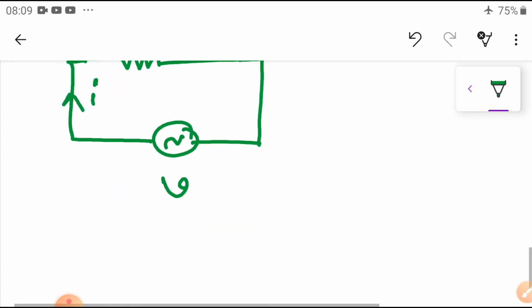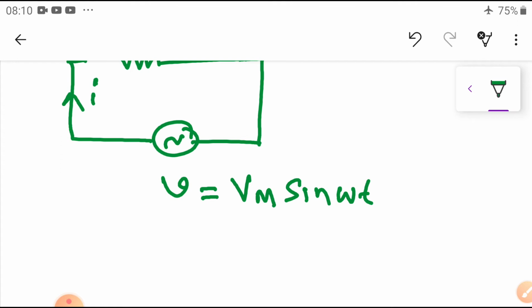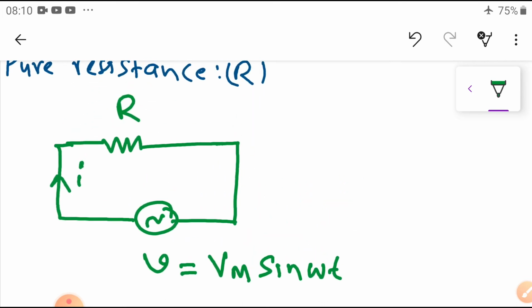Now what is V? Here V is equal to V RMS is equal to V max sine omega t. This is a function of frequency. Okay, omega is equal to 2 pi f, frequency. Now what is the current behavior when a single resistance is connected? Now here we are going to see the relation between the voltage, current, resistance, father, mother and son.